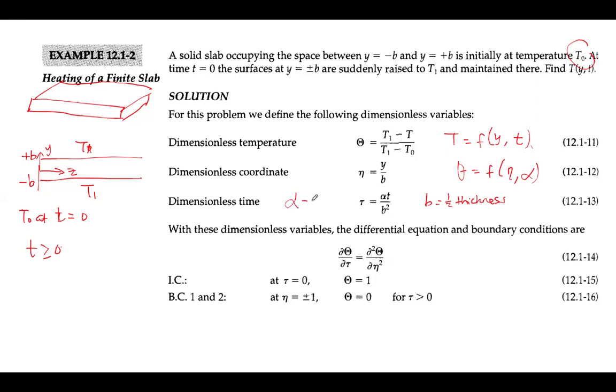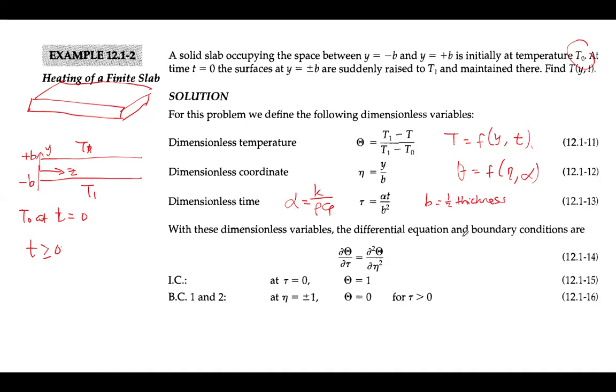It's the heat diffusivity, or K divided by rho Cp. So if you have the conductivity of your steel slab, you know the density rho, and you know the heat capacity, then you can find the heat diffusivity. Okay, and then you can get the thickness.